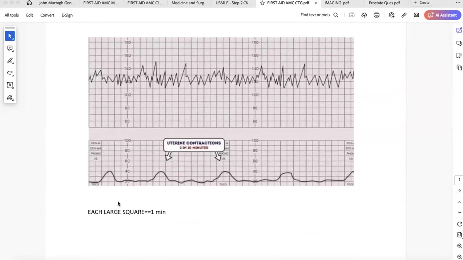Okay, so what is the normal labor uterine contraction? Do you guys remember from our obstetric class?